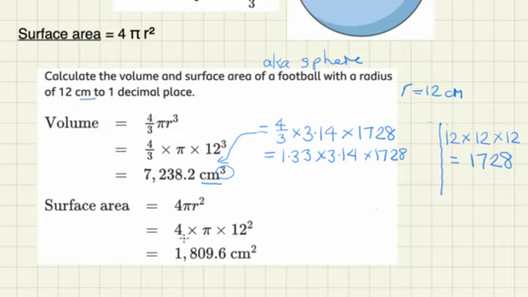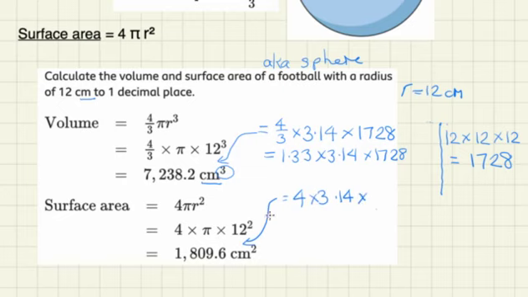So again they expand it: 4 times pi times 12 squared. And again, if I was you, I would put in another line, so equals 4 times 3.14. That tells the examiner the number that we're working with, times.